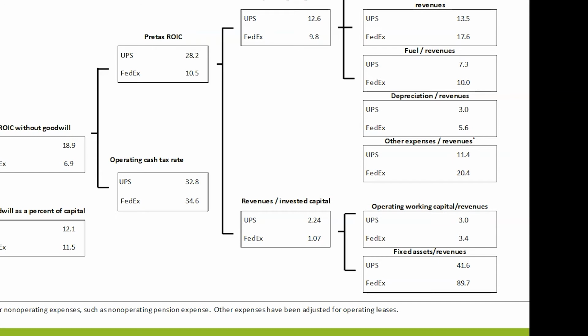UPS, as a percentage of revenue that goes to working capital, 3%, FedEx 3.4%. Again, not a huge difference here. The big difference comes in fixed assets. As a percentage of revenue, UPS has 41% fixed assets, and FedEx has 89.7%.